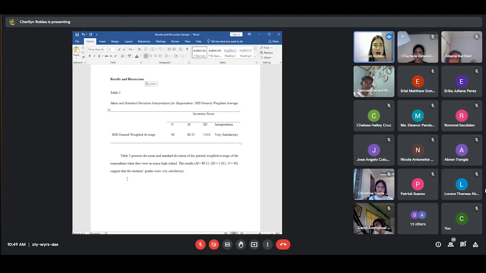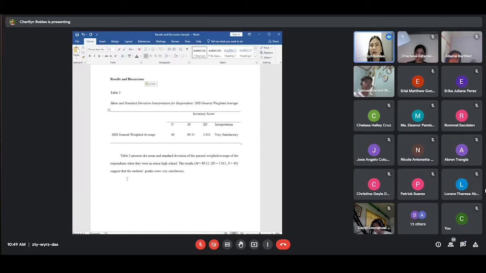So for example, if you're conducting correlational research design, your question is, for example, what is the average level of academic motivation of the students? So you should focus on that first. Present the data about the level of motivation because that's your first question in your statement of the problem.